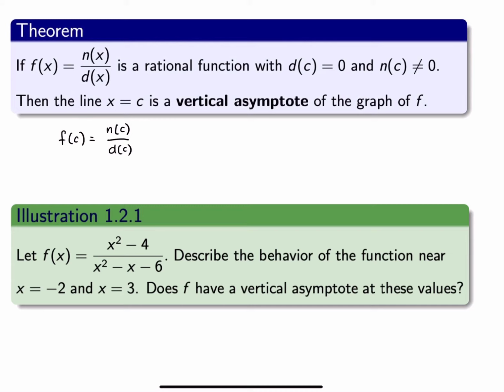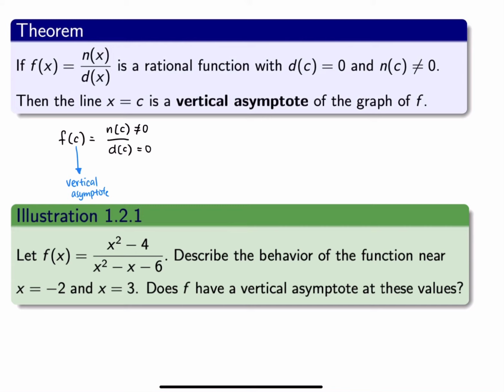And if d of c is equal to 0 and n of c is non-zero, then the line x equals c is a vertical asymptote of the graph of f.